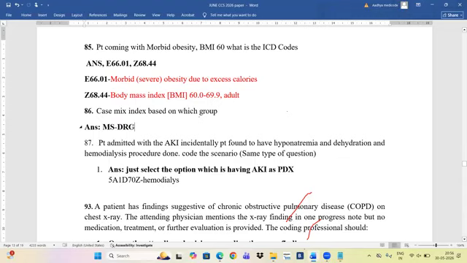Next, case mix index is based on which related group? Case mix index is related to the MS-DRG calculation group. Case mix index is used for the calculation of DRG value. It should be a formula.